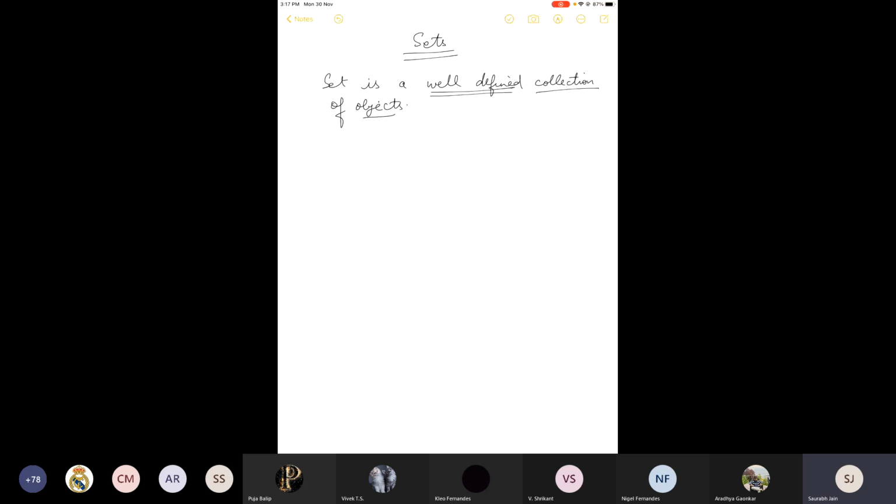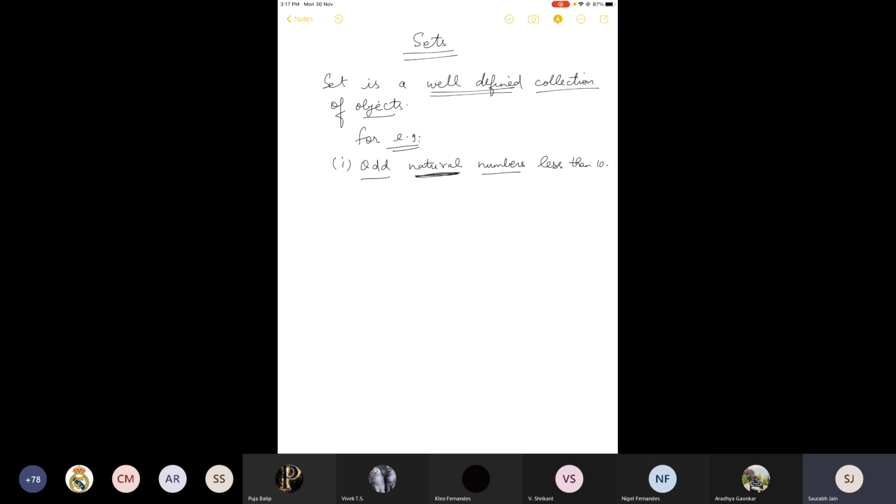For example, let us try to understand what is the meaning of well-defined collection and objects. So, odd natural numbers less than 10. Now see, this particular sentence gives you a well-defined meaning.